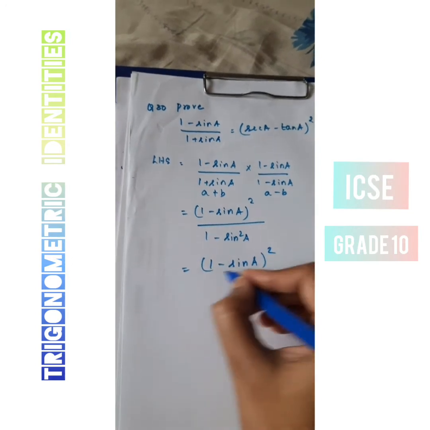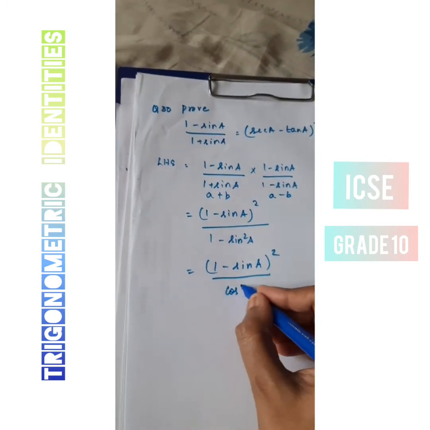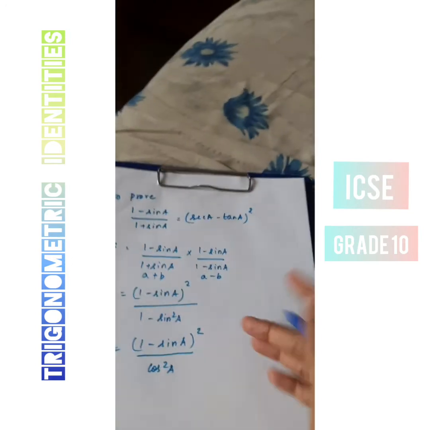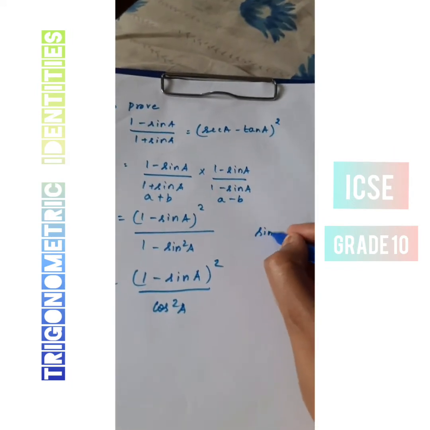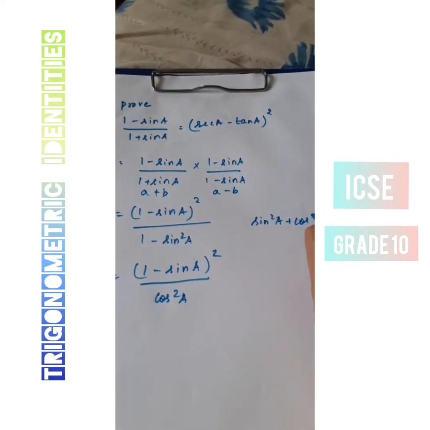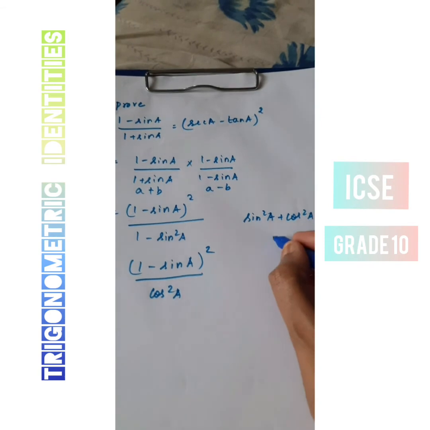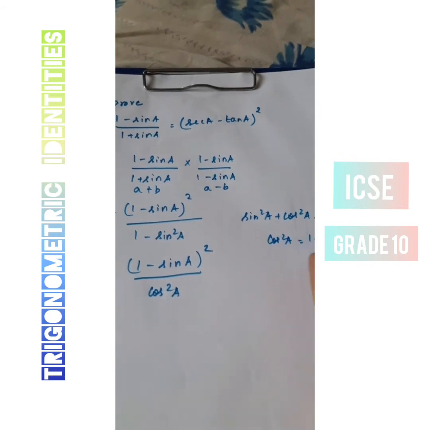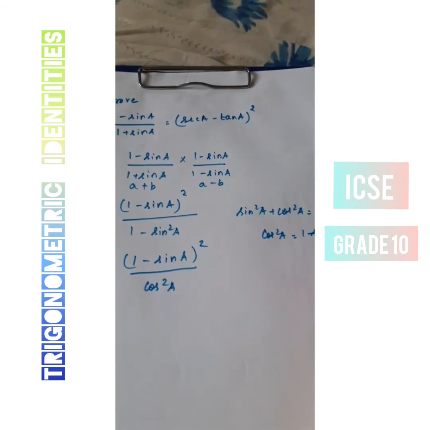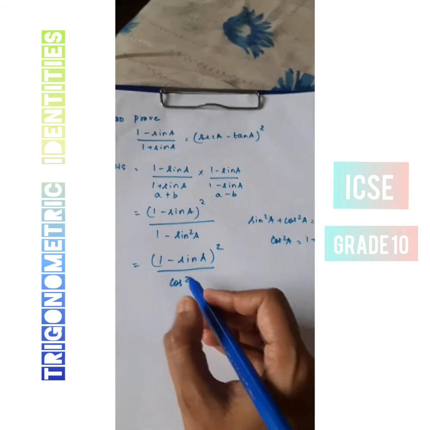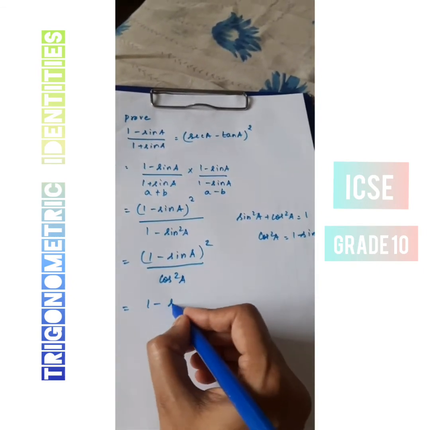We need to rewrite the denominator as cos square A. As we know, sine square plus cos square is 1, so cos square equals 1 minus sine square. So that's what we have in the denominator now.